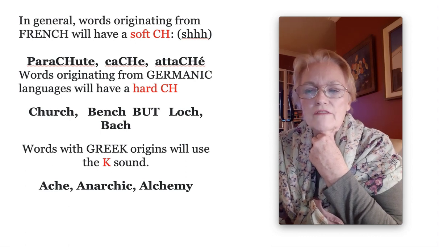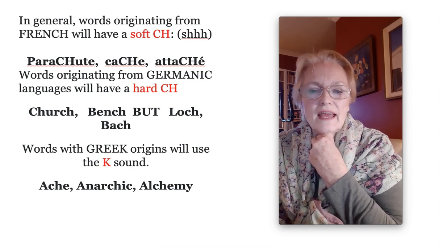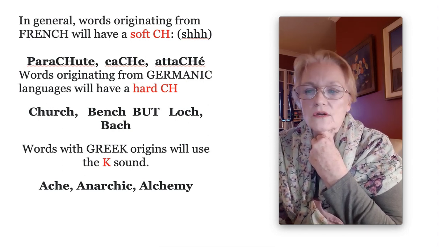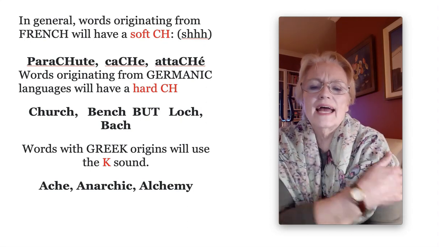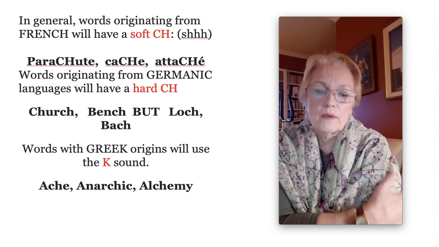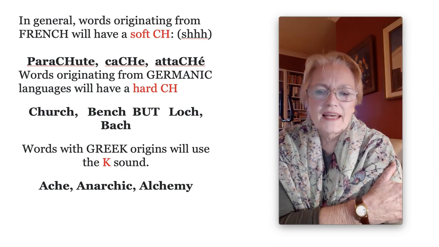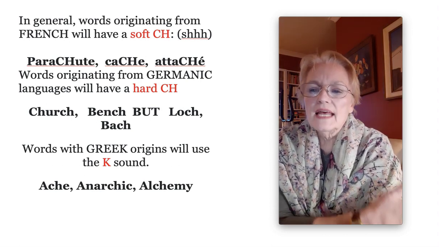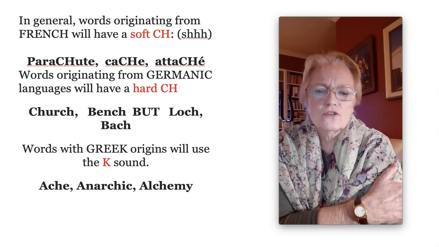Okay, now we do have words with Greek origins, of course, and the CH will sound like a K, or just a C on its own, all right? Ache. So if you've got an aching arm, oh, it's so sore, my arm aches, or like a throbbing sort of feeling, okay? It's a sore ache, spelled A-C-H-E. And then anarchic, all right? If you're an anarchic person, you like to cause trouble.